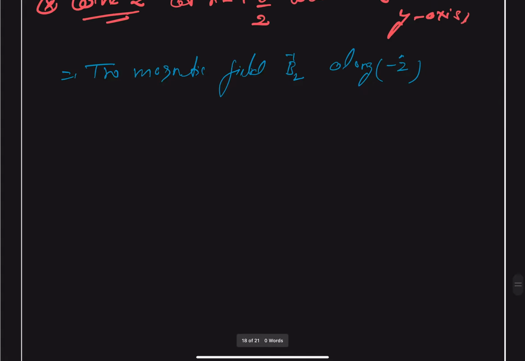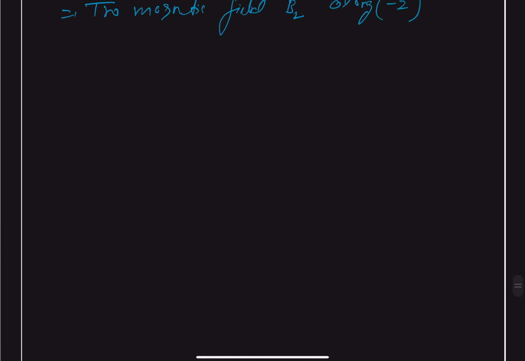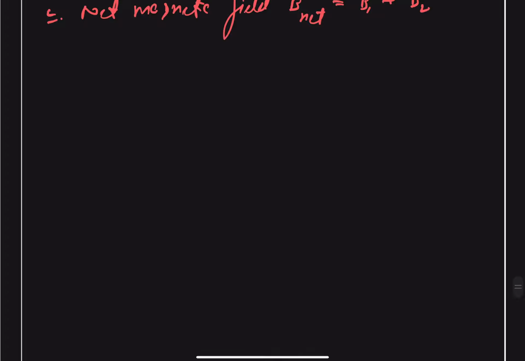So both the magnetic fields are along the z-axis, negative z-axis rather, and we can find that the net magnetic field, let us call it B net, will be equal to B1 plus B2. So this gives us B net equal to twice B, in the z direction.